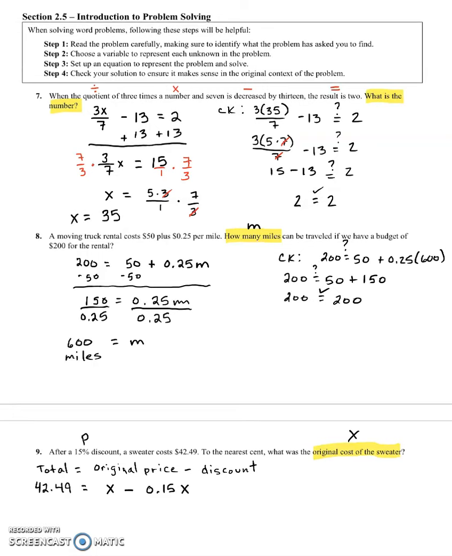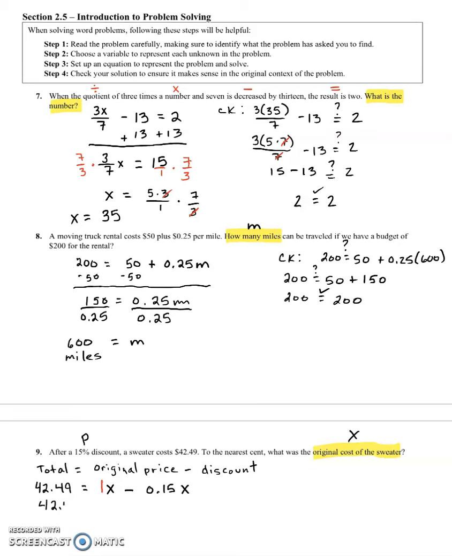So now we just have to solve. Remember, there's like a 1 in front of this X. So we have 42.49 equals 1x minus 0.15x.